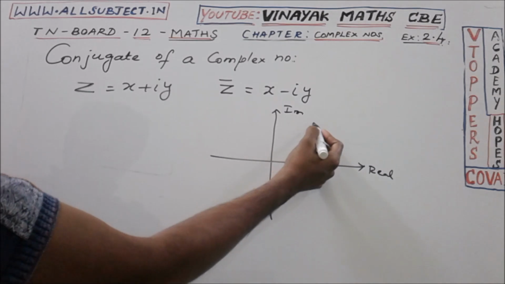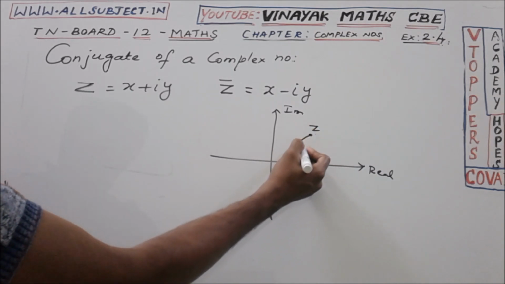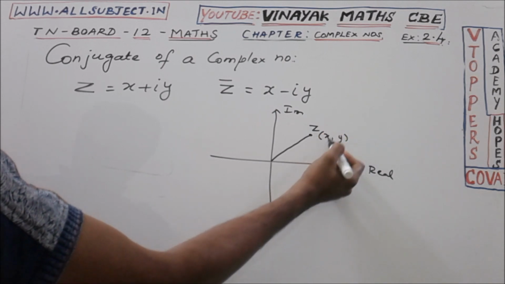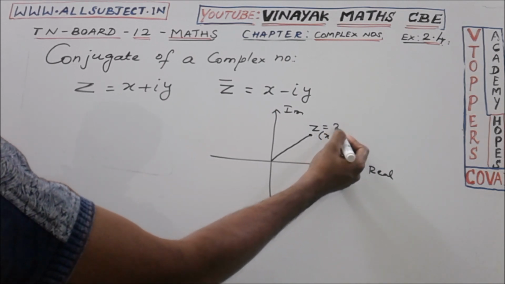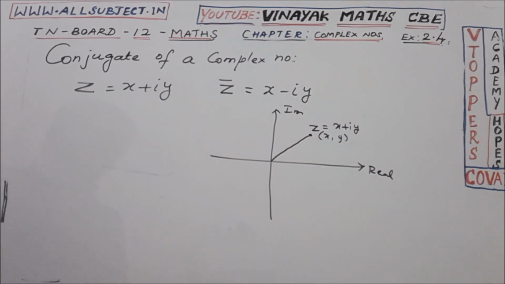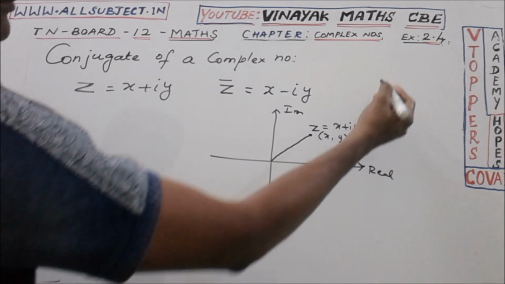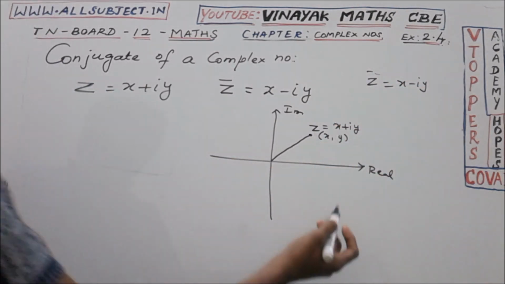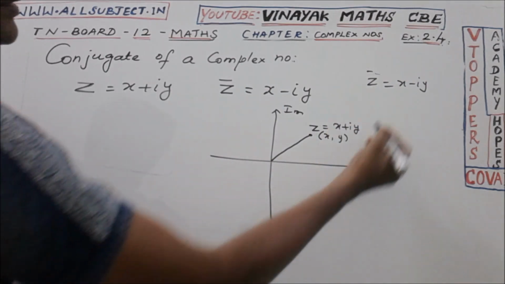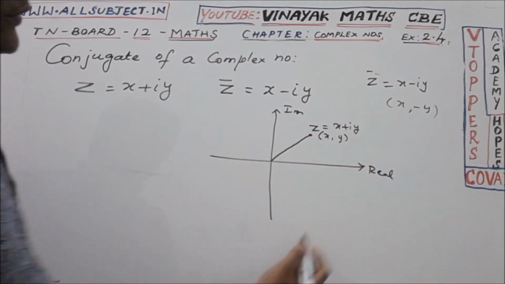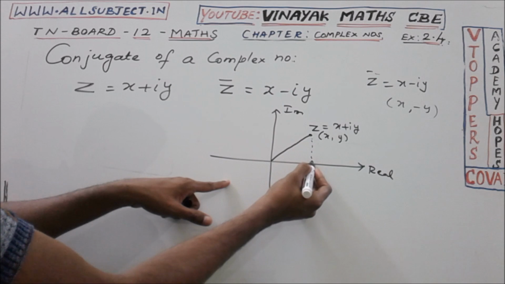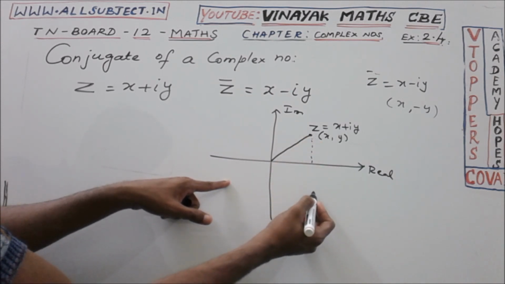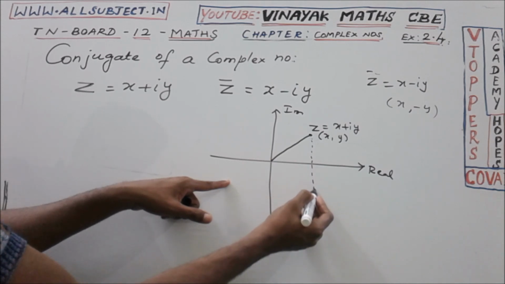Suppose z is pointed here at x comma y, or in the pair representation, this is x plus iy, and its conjugate is z bar equal to x minus iy, that is in the point representation x comma minus y, the same x value and equal length of y in the negative direction, that is pointed here.